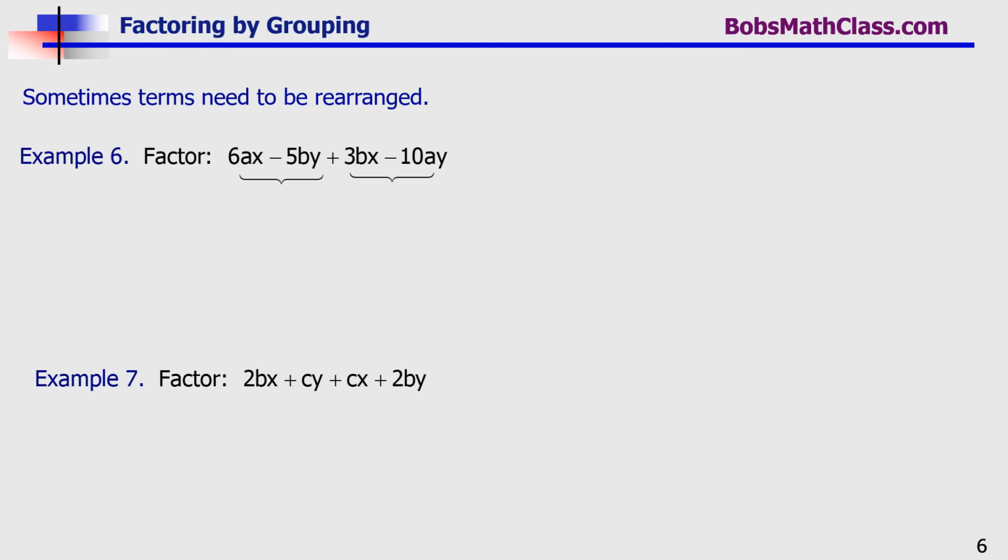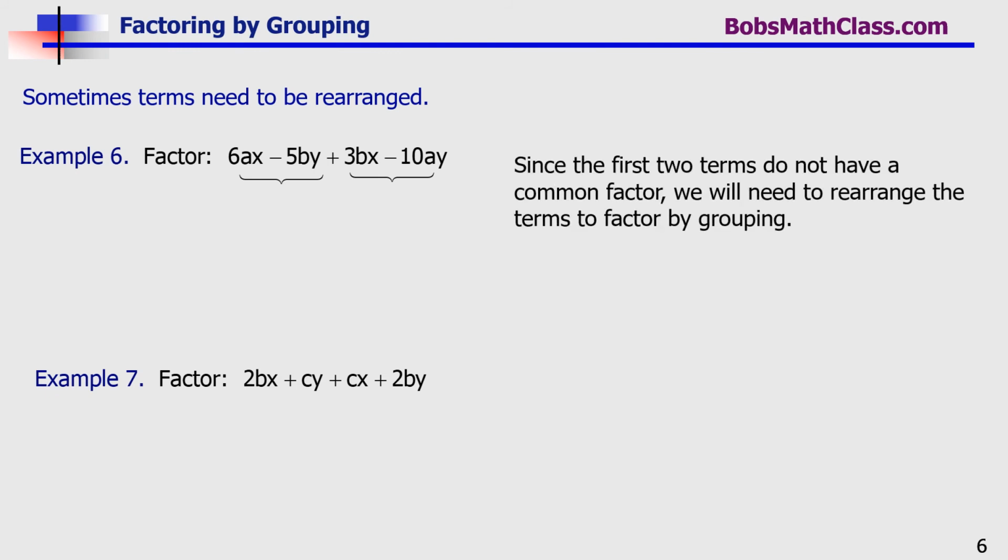So let's bring down the first term and then decide what should we have second. Well, if we have a 6ax first, what should we put next? What does it have in common? What's in common with another pair? Well, how about the 3bx?